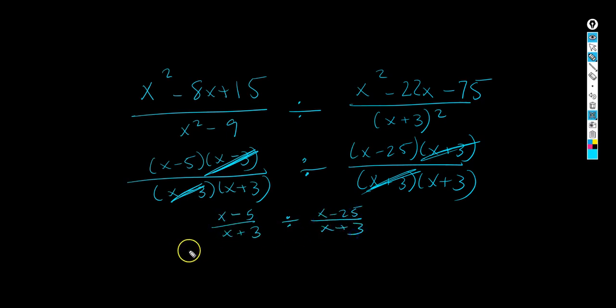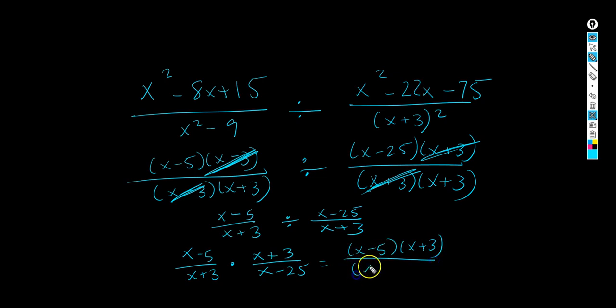And with division, it's going to be the first one as it is, multiplied by the flip of the second one. And so I'm going to have these together in one fraction, rational expression. And so now the x plus 3's cancel.